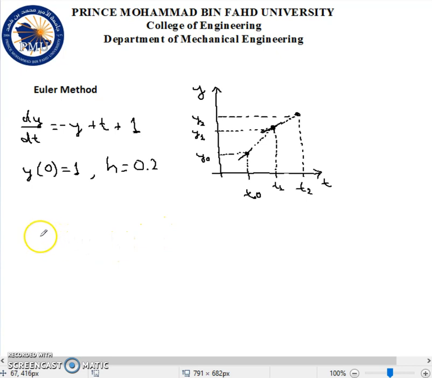Let's write this down. So the rule we are using is that y(i+1) equals yi plus the step times the slope of y, I will call it f, at yi, ti.